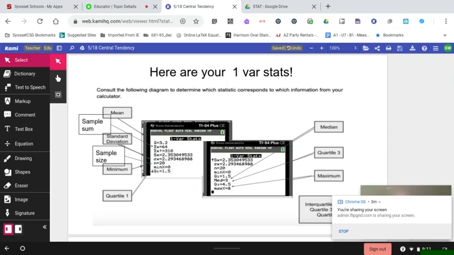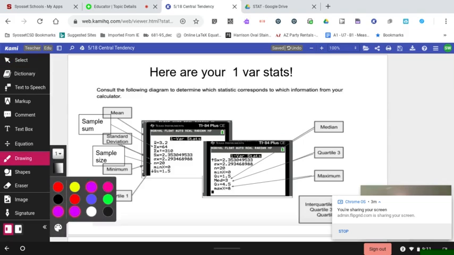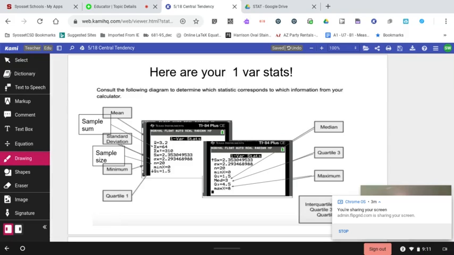What it doesn't give is the range, or the interquartile range. So the range and the IQR, the interquartile range, are not given here.